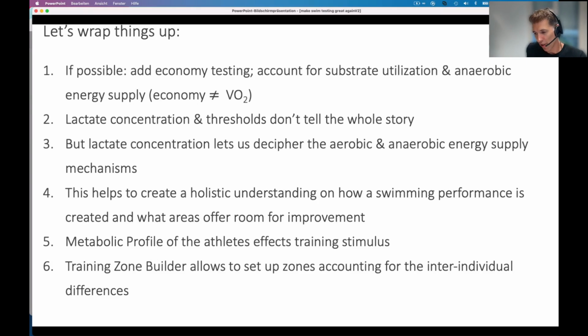Parker is using some camera systems to analyze the swimming technique, and he's using a third-party consultancy to help understand, give recommendations, and basically audit the technique and give feedback on it.